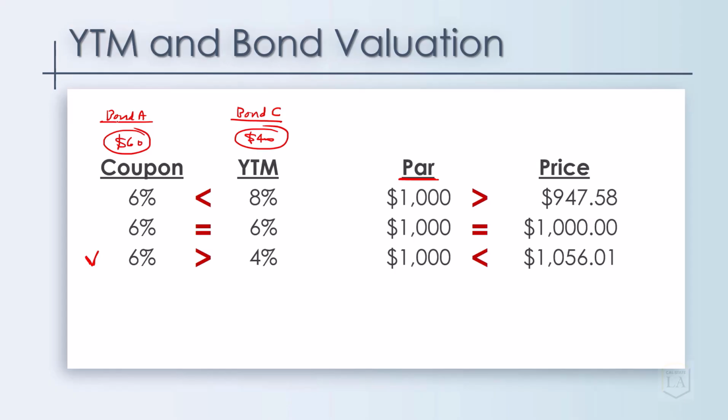If you're comparing bond A and bond C, note that the big assumption here is that they are comparable: two comparable bonds, one providing you with $60, the other with $40 of payments. Of course, more demand will be drawn to bond A, so the price will have to shoot up. It will be higher than what is stated on the contract. So the price should go up and be higher than $1,000. If you compare the two, the price will be higher than the par.